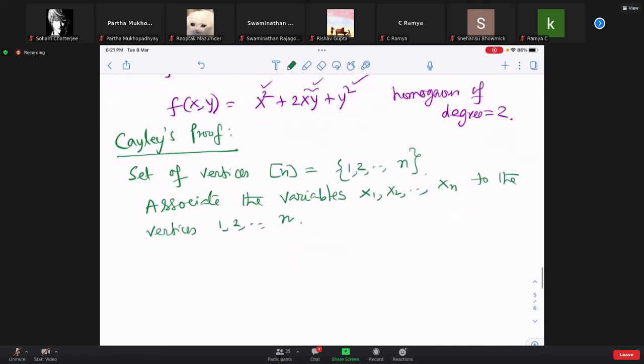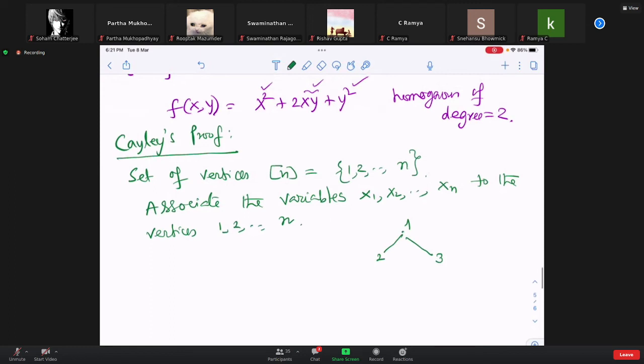Let's take our first example, 1, 2, 3. Remember that Kelly was a group theorist. He was an algebraist. So it's not surprising that he used to think in terms of algebra rather than combinatorics. Take for example this tree.